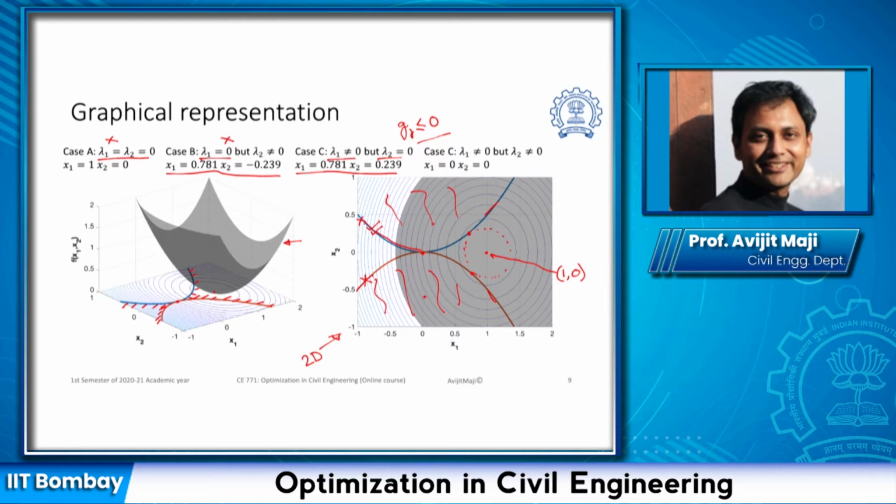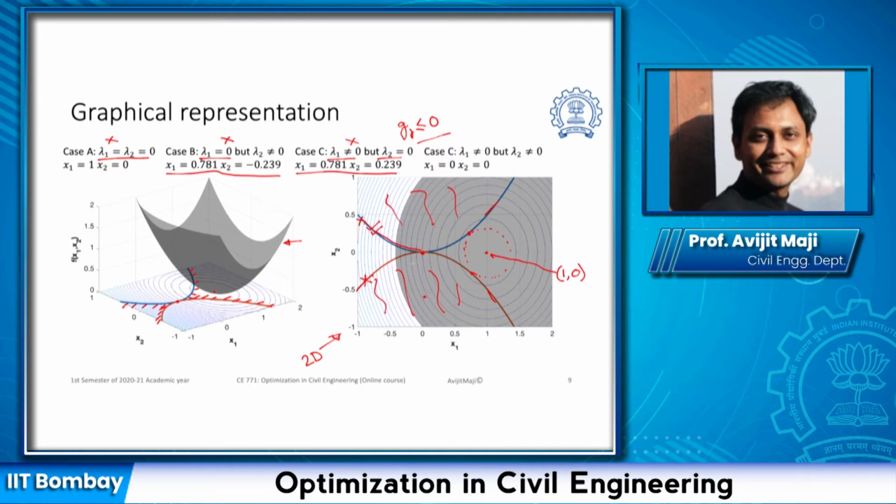Now at this point, if we look into the Kuntakar condition, again one of the constraints is satisfied but not the other. So in that case again we say that my Kuntakar conditions are not satisfied. So that rules out my case C.